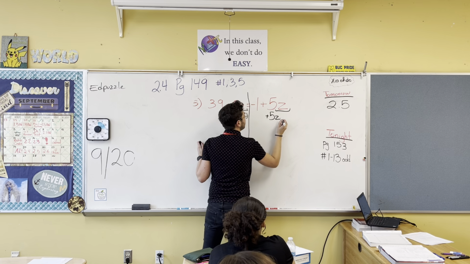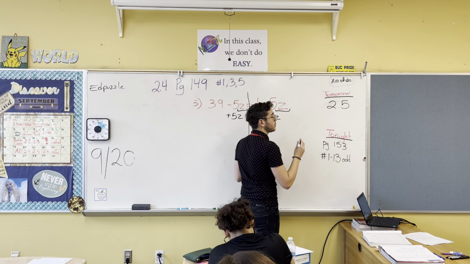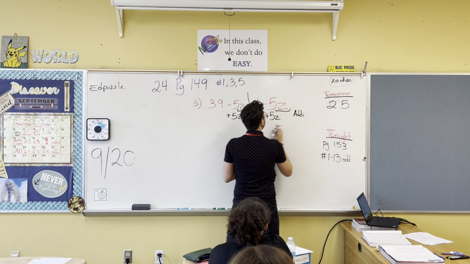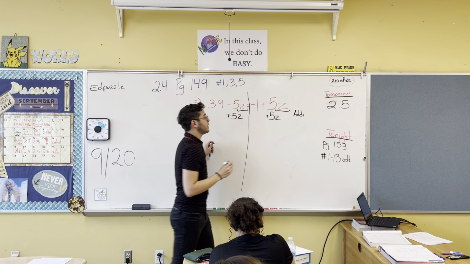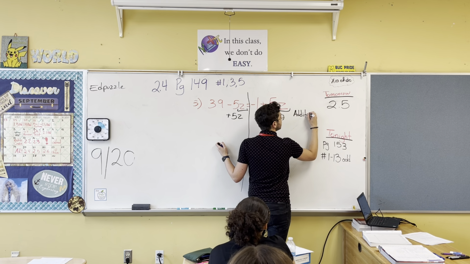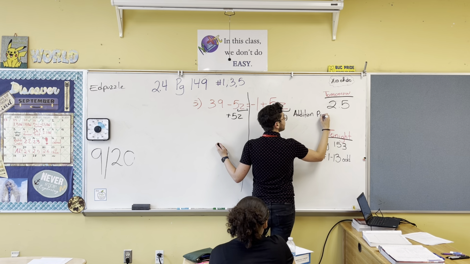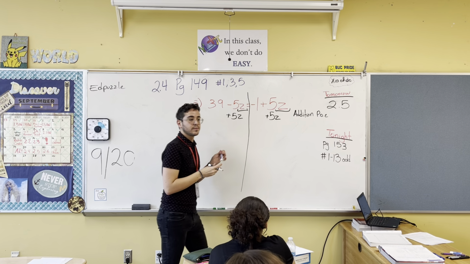And that would be what property? Because we added to both sides, it's the addition property of equality. I like to write addition PO. Addition property of equality. Capiche?